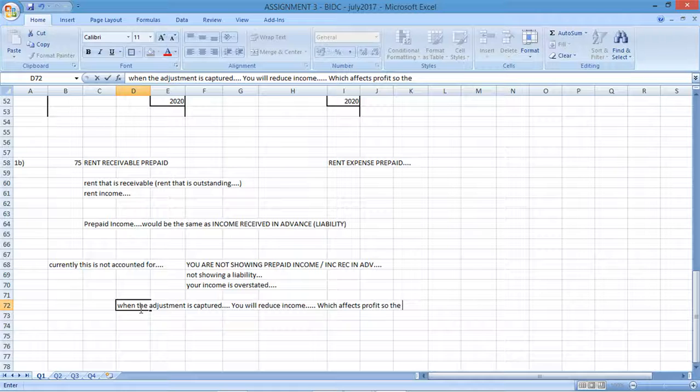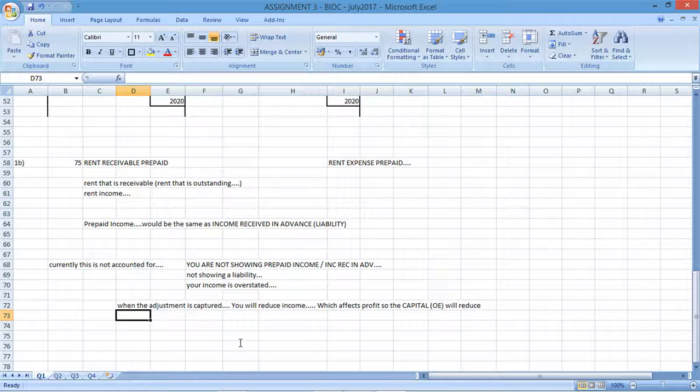So the capital, which is basically the owner's equity, will reduce. Because you're going to reduce income, it's going to reduce profit, and that reduces owner's equity. And that's for 2 marks. So it's mainly theory. They're asking you what will happen when you process that adjustment. And that's question number 1.